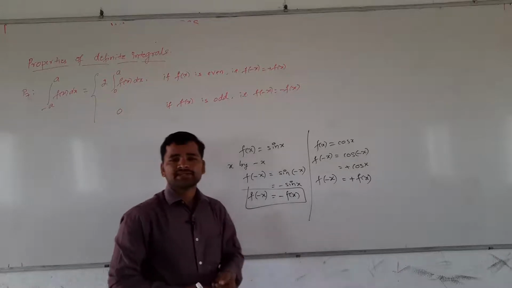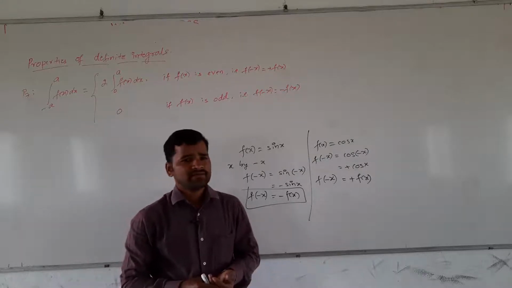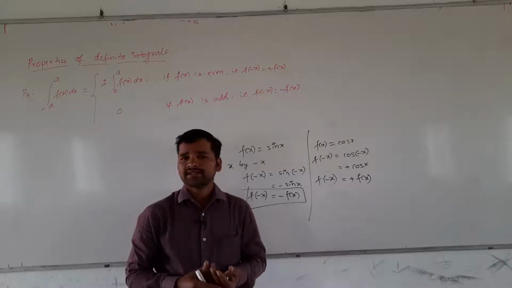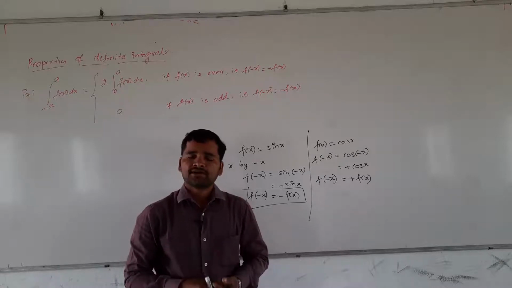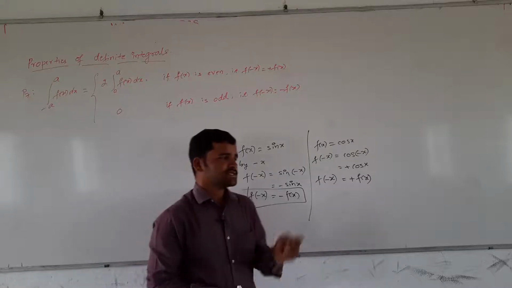Now, in case of trigonometric functions, cos and secant are even functions. The other 4 trigonometric functions, sine, cosecant, cot and tan are odd functions. So, that is what.